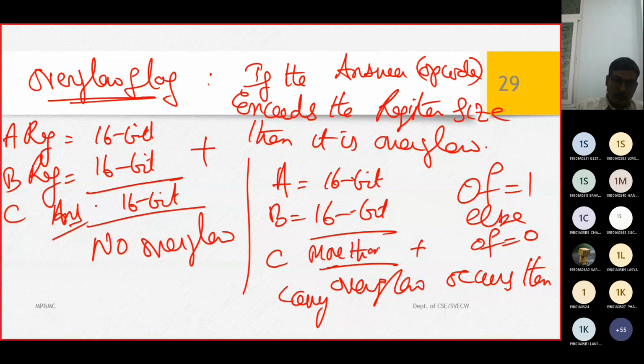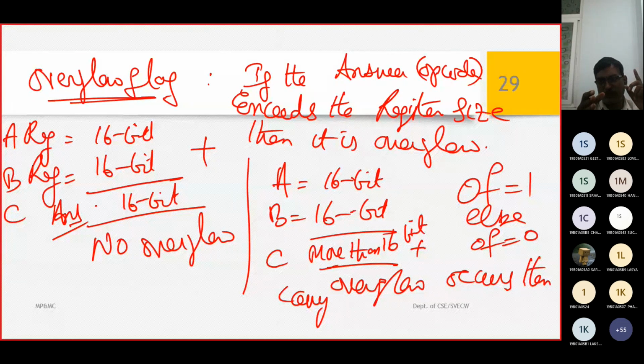More than 16 bit. I have taken a value of 16 bit in A. I have taken a value of 16 bit in B. I performed the addition and I got the answer also 16 bit. It's not beyond the register limit. Everything is falling in my register itself.